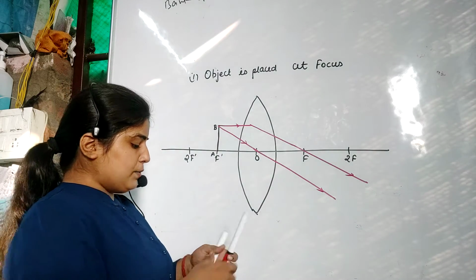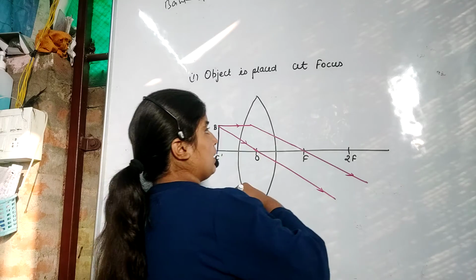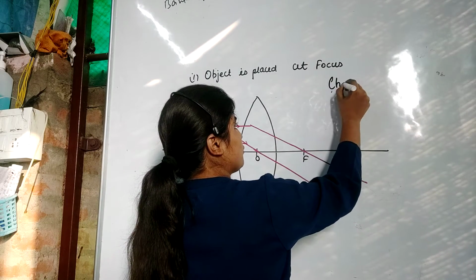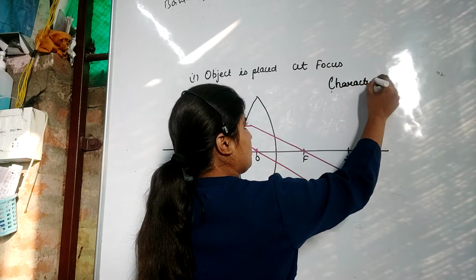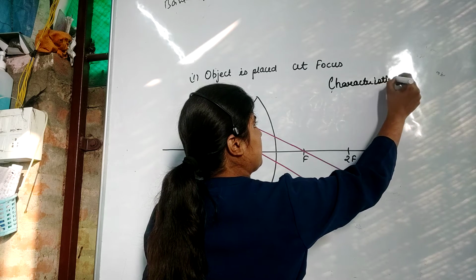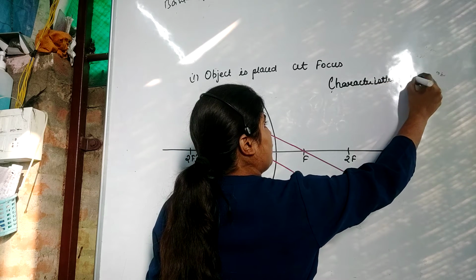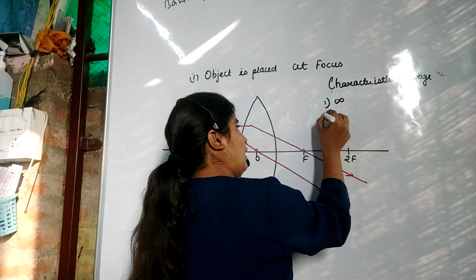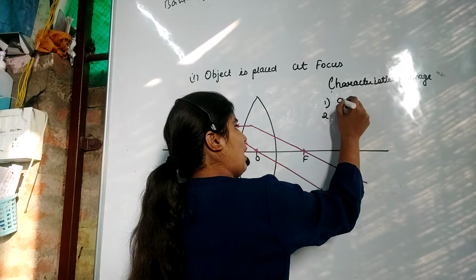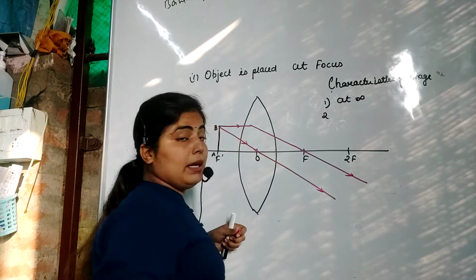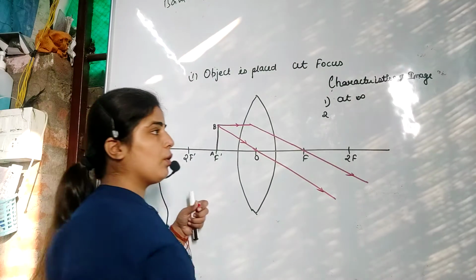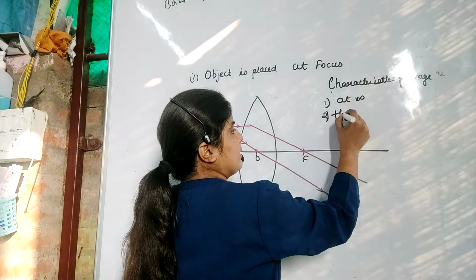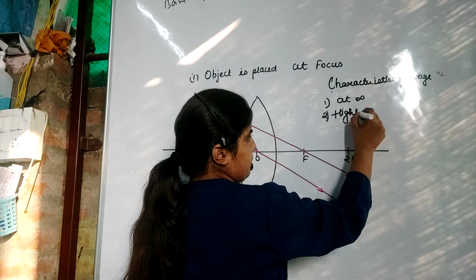So whenever the object is placed at the focus, what are the characteristics of the image? First thing, the image which is formed is at infinity, and the second one, it will be highly enlarged.